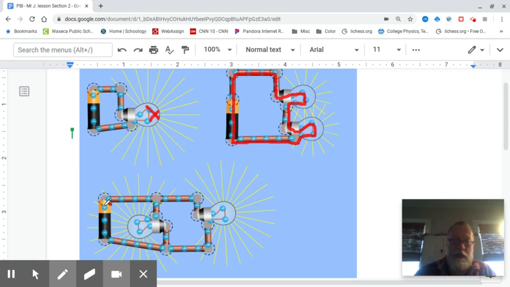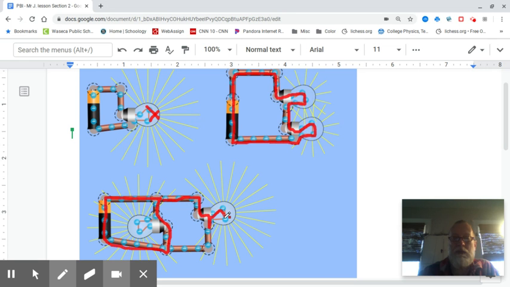Then we have a parallel circuit. And when you have a parallel circuit, you'll notice when I get to this point right here, I can't go in a continuous line through both bulbs. I have one line that goes through here and completes a loop. And that looks just like a single bulb circuit. And then I have a second one that goes through here.